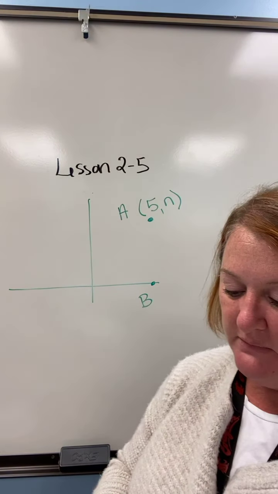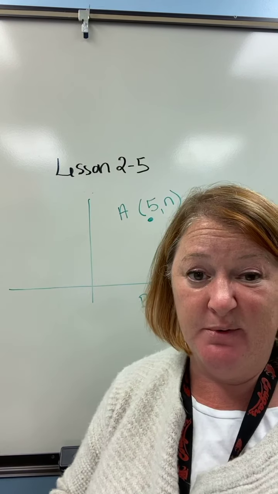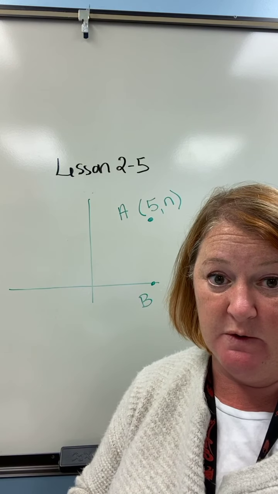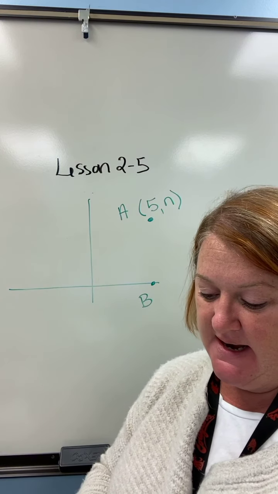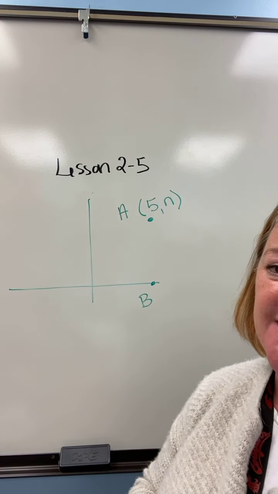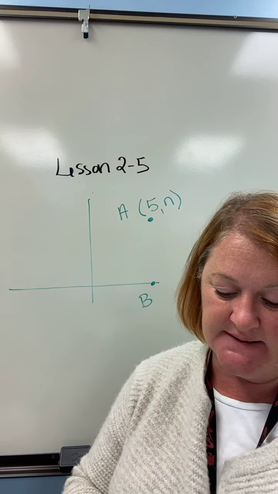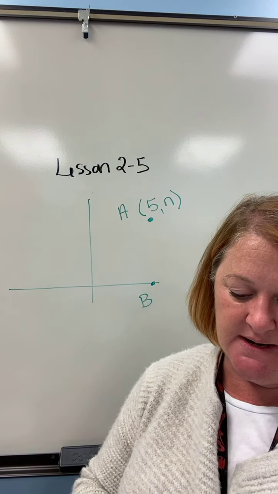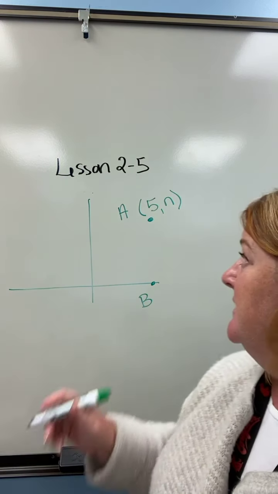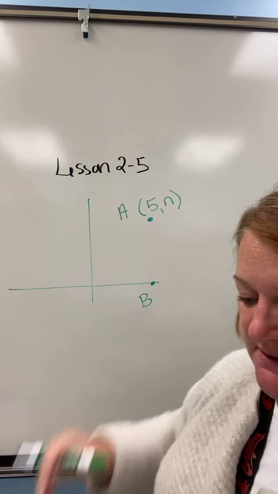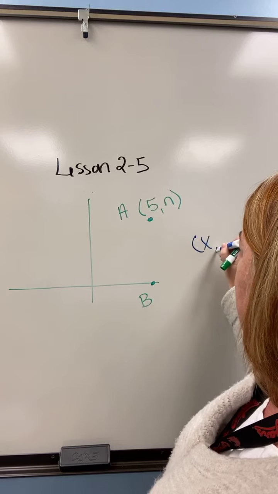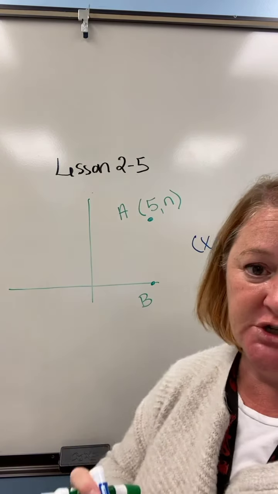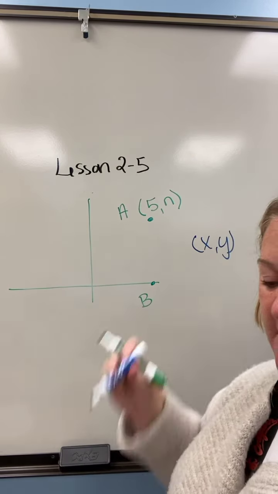So point B, and this is example number 3 on page 101 if you want to follow along with me. Point B is on the x-axis and it has the same x coordinate as point A. We know the x coordinate is always the first number in an ordered pair.